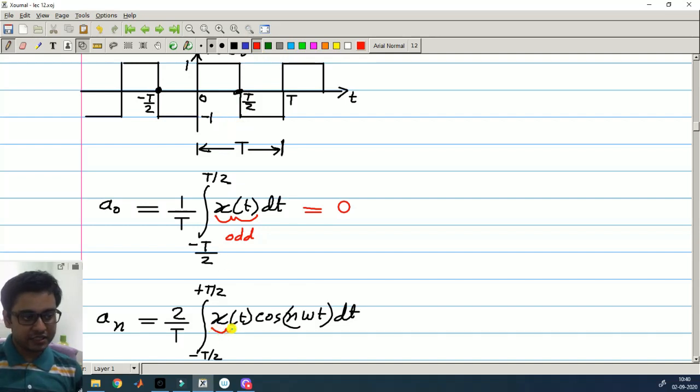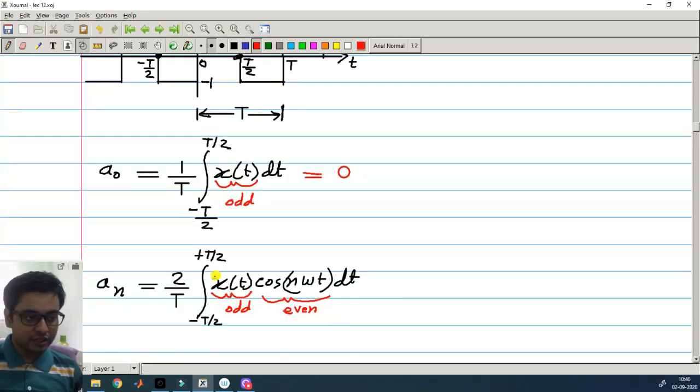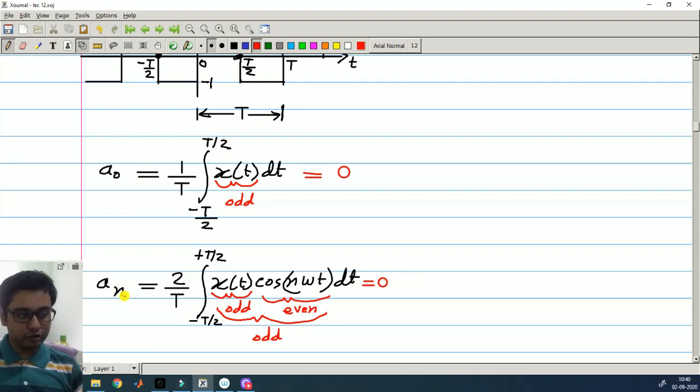Now x is an odd signal, cosine is even, so their product will be odd, and therefore when you integrate an odd signal from minus T/2 to plus T/2, you must get 0. So that means an will be equal to 0 for all n, n equal to 1, 2, 3, 4, all values.